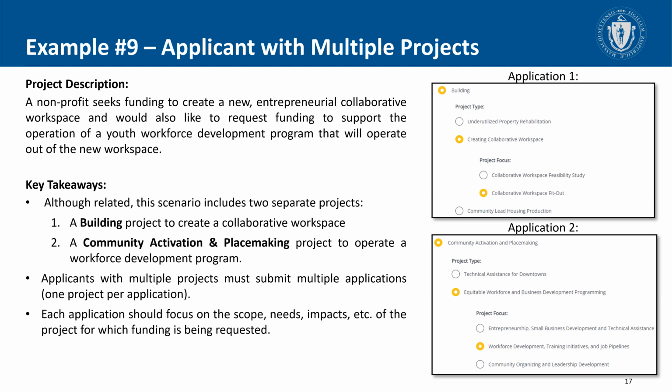And the applicant will also choose workforce development, training initiatives, and job pipelines as the project focus. So the first project is likely to be considered by the Collaborative Workspace Program, and the second project is likely to be considered by the Urban Agenda Grant Program.